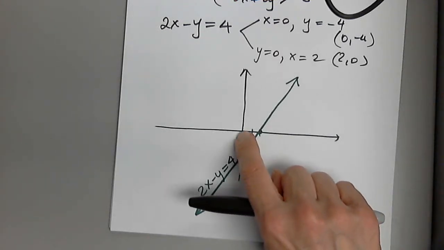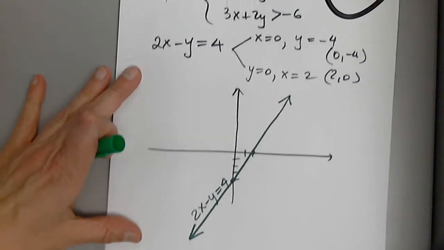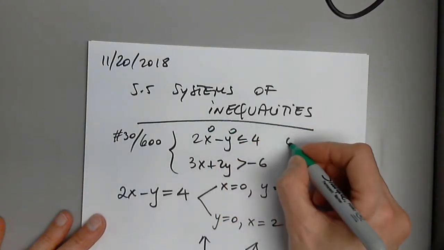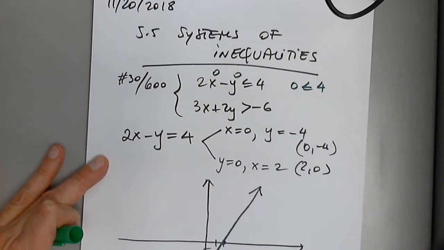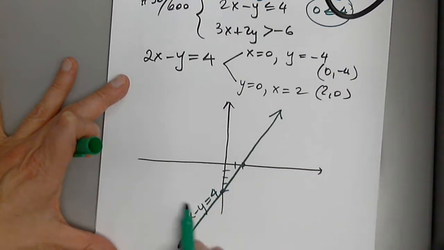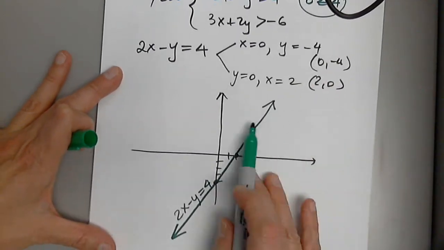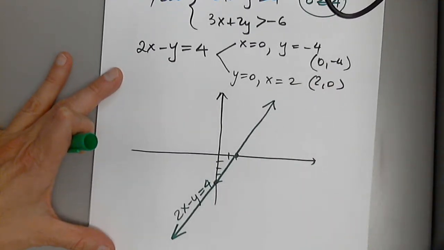I will pick the origin to check this region because 0, 0 is the easiest to work with. 0, 0, I get 0 less than or equal to 4. If you say that this is true, I will shade in the region that has that point. If you say no, this is false, then I will have to shade in the opposite region.